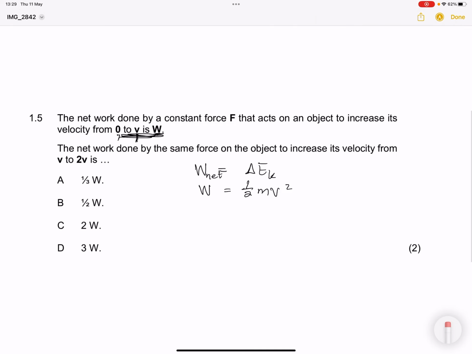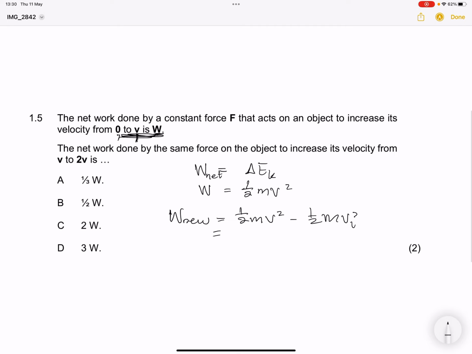Now, they want to know the net work done by the same force F on the object to increase its velocity from v to 2v. So we want to now find out what is the new work done. So I'm going to say the new work done in this case would be half m vf squared minus half m vi squared.